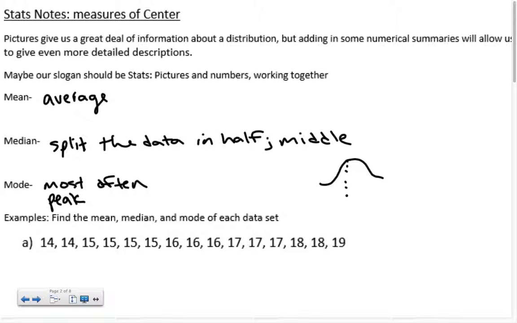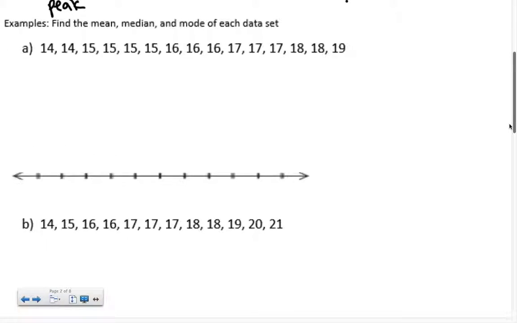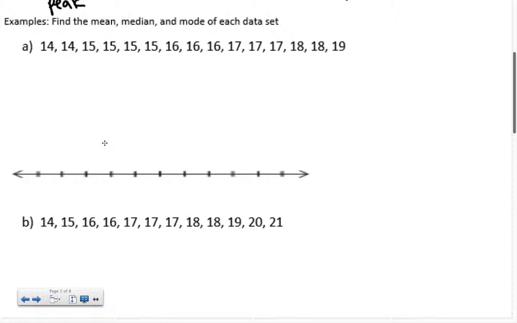Okay. All right, let's look at this. Finding some examples of mean, median, and mode. Well, the mean, if you take all these numbers and add them up, you go 14, 14, 15, 15, 15, and so on. Then we're going to have to divide it by, let's see, 1, 2, 3, 4, 5, 6, 7, 8, 9, 10, 11, 12, 13, 14, 15.